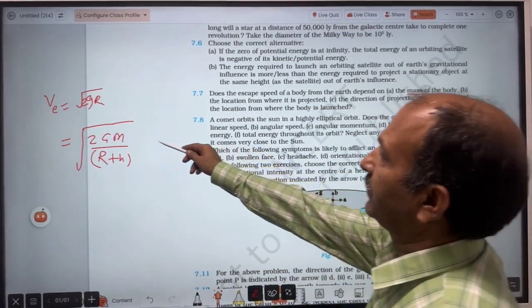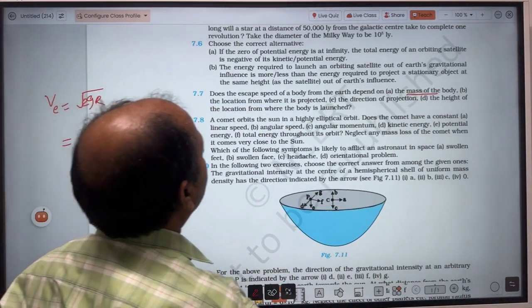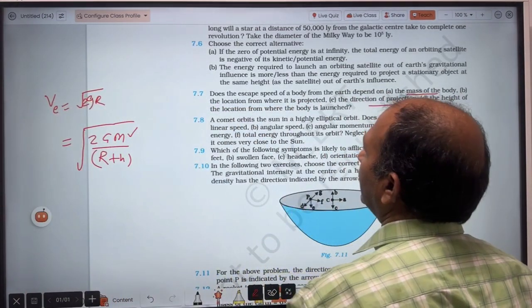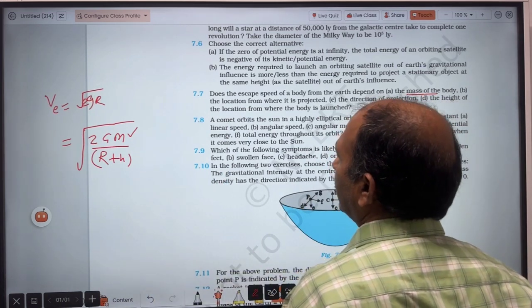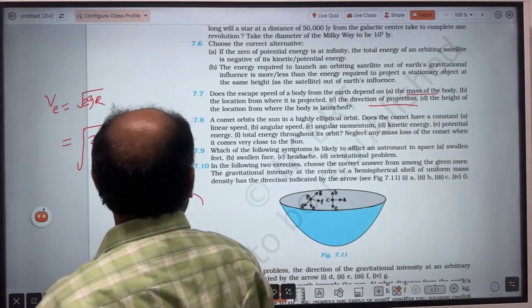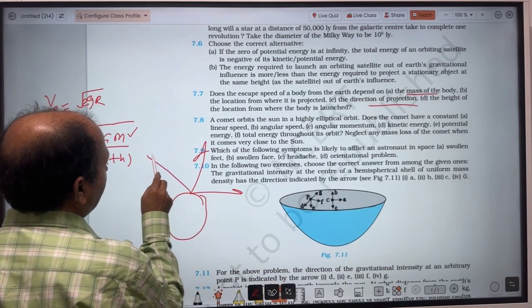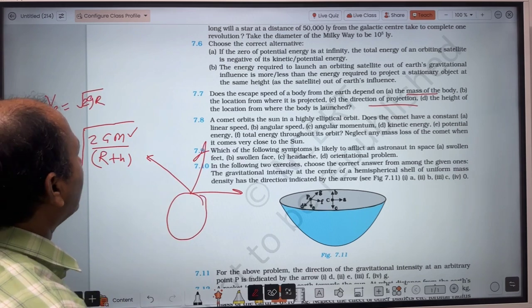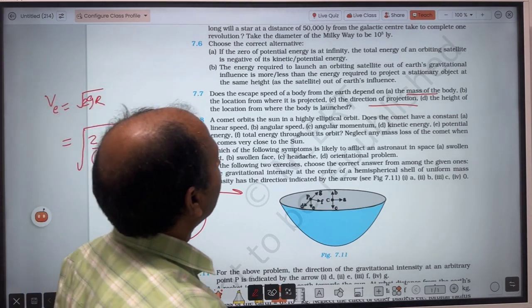This is the mass of the Earth here, and the direction of projection theta is not involved, whether at 45 degrees, at 30 degrees with the horizontal, whatever. If you are projecting like this, or like this, these angles are not involved in the formula, so you don't have to care about it.